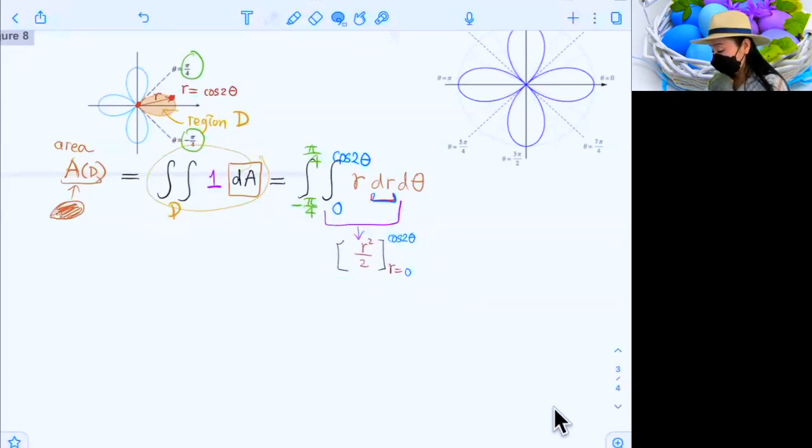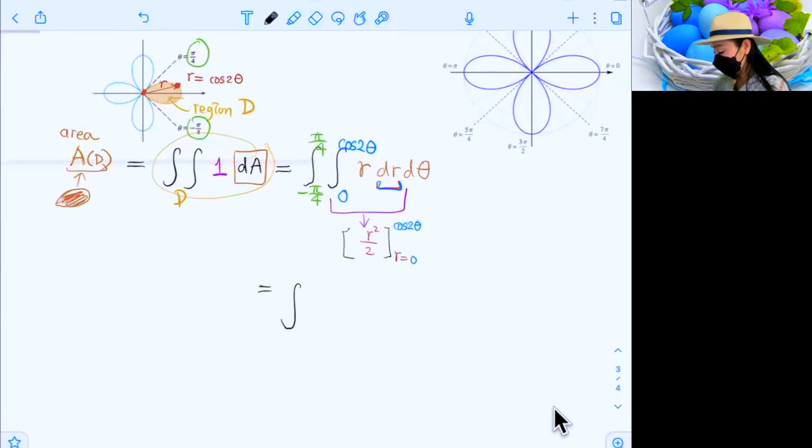Then after that, let's see what we should do. Let's finish this one example. I can actually bring out the 1/2, right? So you have cosine of 2 theta squared, and subtracting 0 doesn't matter.